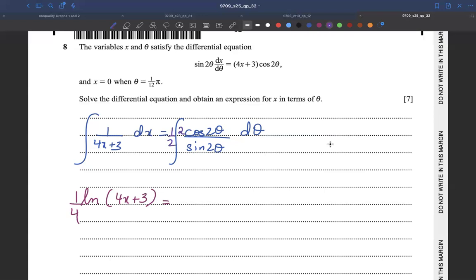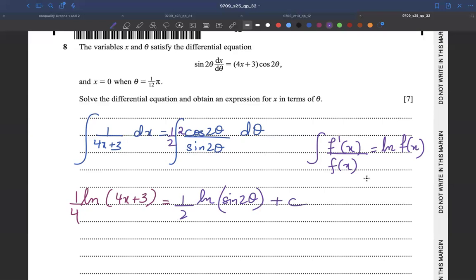And now using this integration property, that if we have the derivative in the numerator and the function in the denominator, this can be written as ln of f of x. So this can be written as half ln of sine 2 theta, and then we add a constant plus c over here.